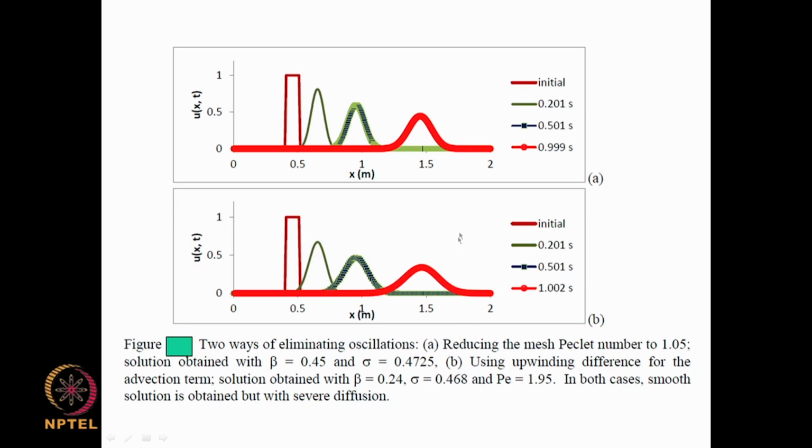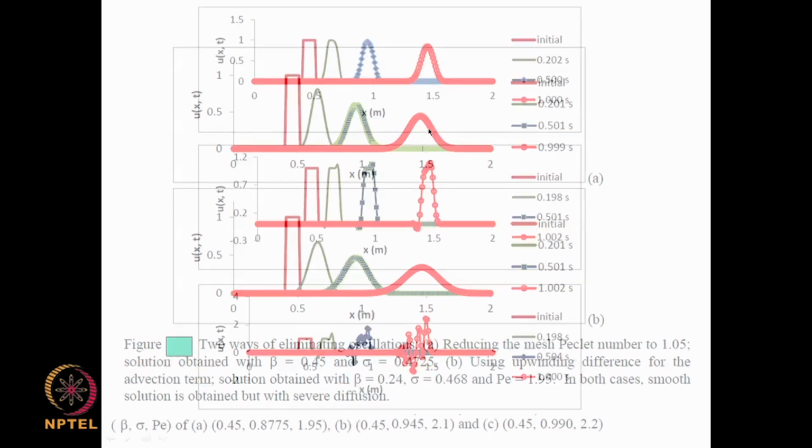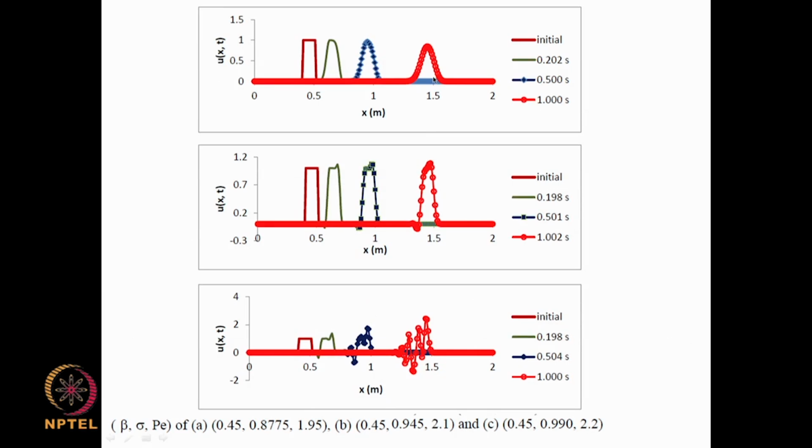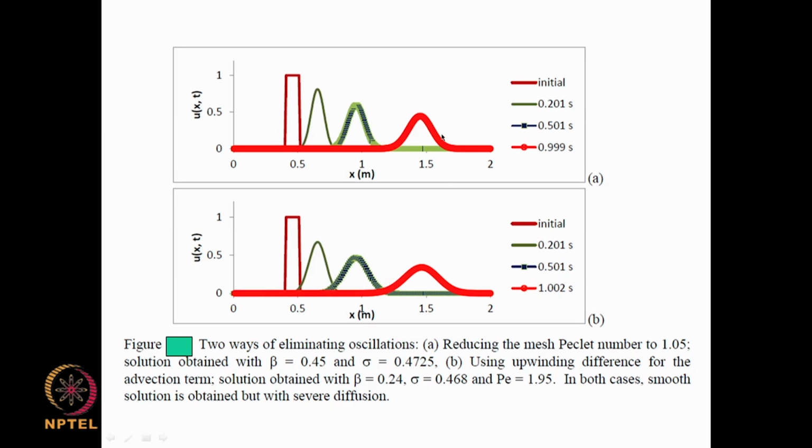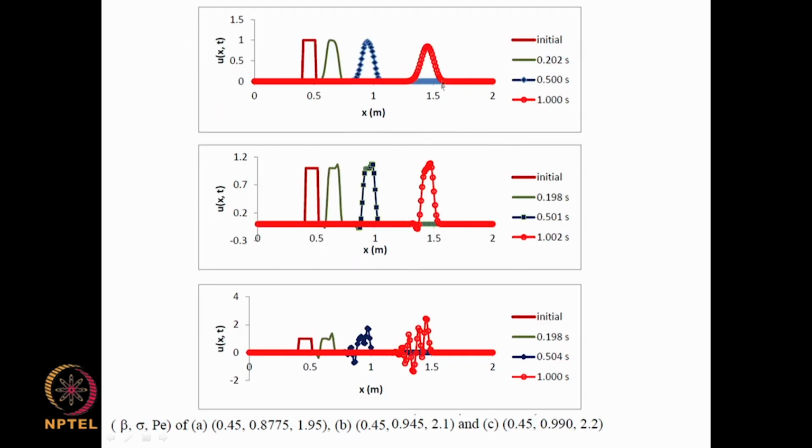And in both cases we are getting a solution, but even here we can see that the solution is not exactly the same at 1 second. This seems to be much more diffusive than this, and when you compare this with the previous solution here, this seems to be better than this scheme here, because it is different. The solution that we are getting at 1 second, so that is 0 all the way up to this and then the pulse and then again 0 here.